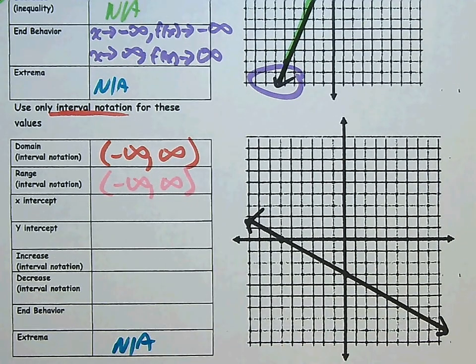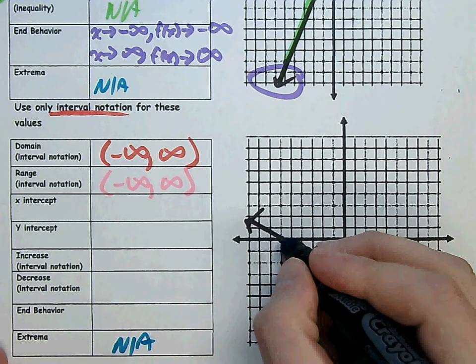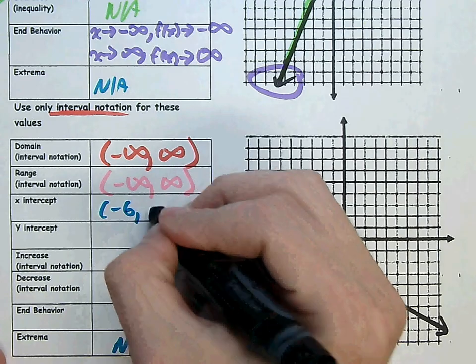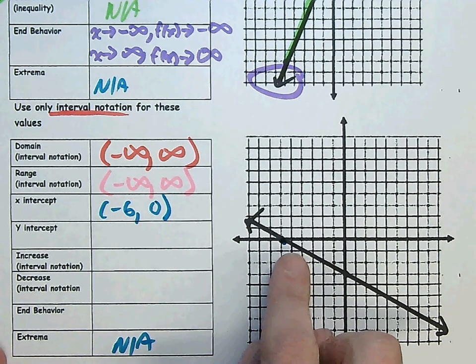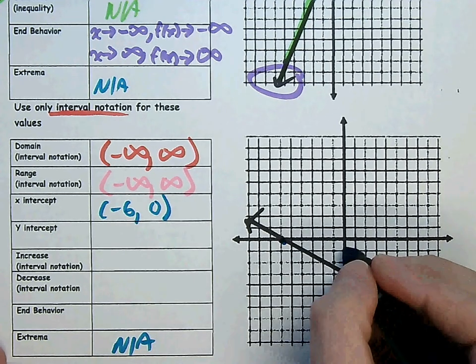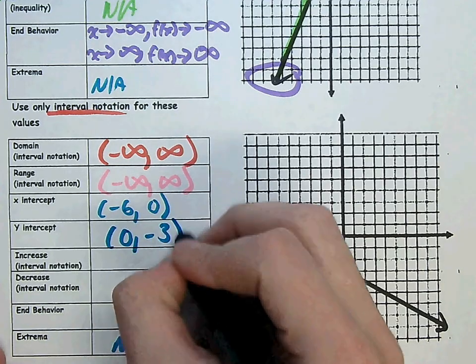Now, we'll go ahead and do our x-intercept. And our x-intercept is at 1, 2, 3, 4, 5, 6. So negative 6, 0. I will caution you, be careful. I've seen a lot of students count to 6 and they forget to put the negative when it's on the left. Okay? And my y-intercept is down 1, 2, 3. So 0, negative 3.